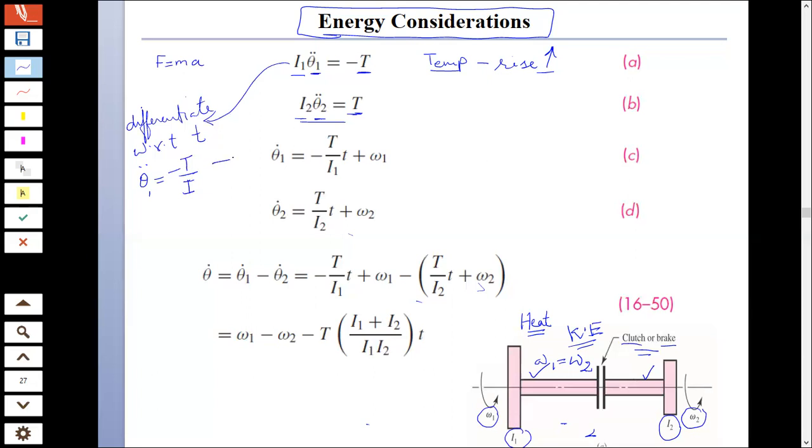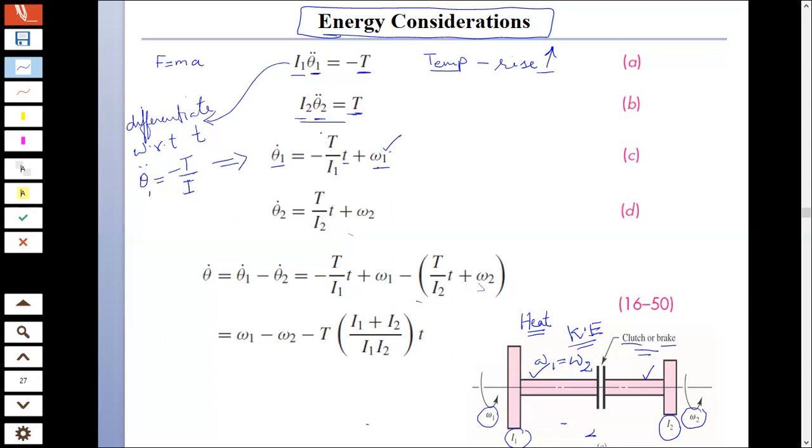If we integrate this with respect to time, what we get is theta 1 dot equal to minus T over I1 times t, plus the constant of integration, which is omega 1.